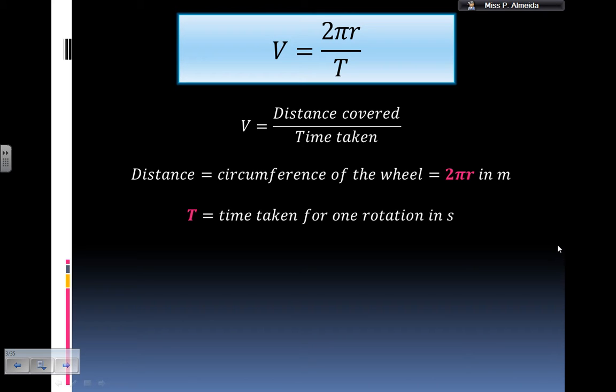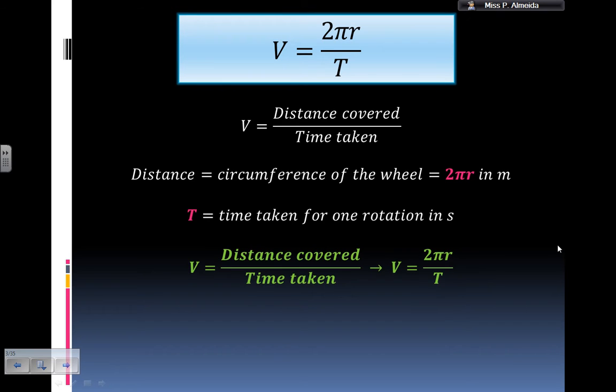And T is going to be the time taken for one rotation, in seconds. So because v is the distance covered over the time taken, v is going to be 2 pi r over T, okay? You may even be asked to show this. Questions in any exam can be as easy as show this formula, to demonstrate this formula, okay?